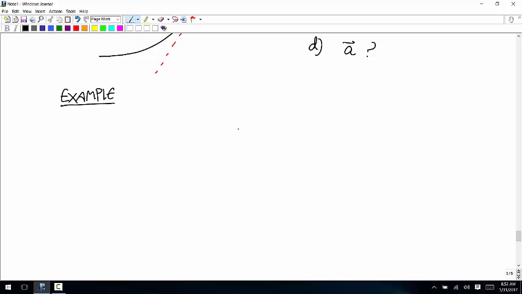So here's another example. I'd like you to work on this one. The object's moving this way.